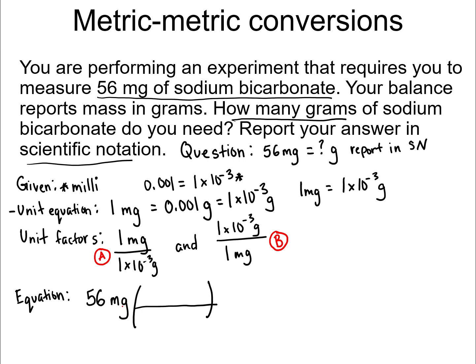Milligrams is already in the numerator, which is the top. We need to choose the unit factor with milligrams in the bottom or the denominator so that they'll cancel out. Which one should I use, A or B? Exactly. I should use B.